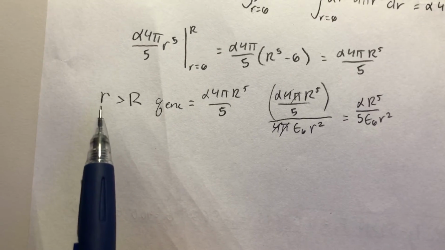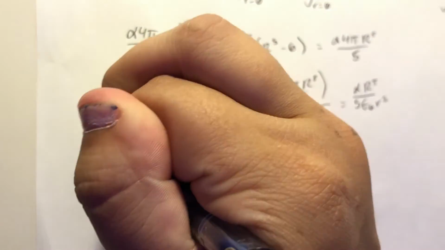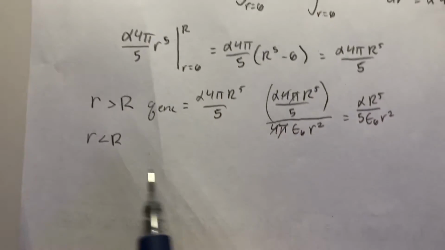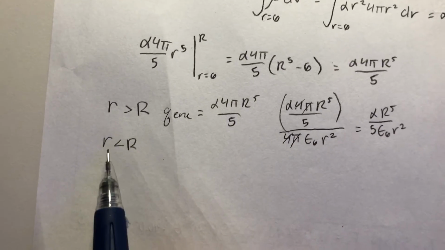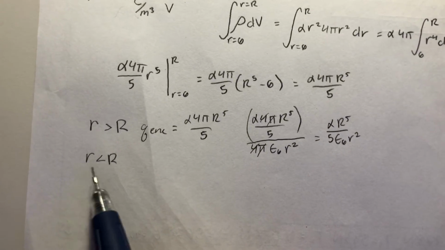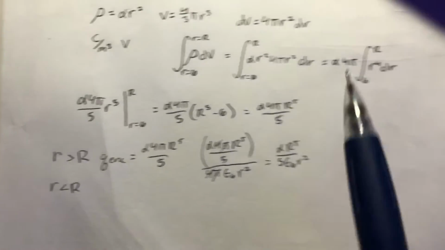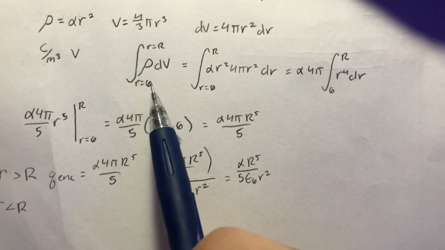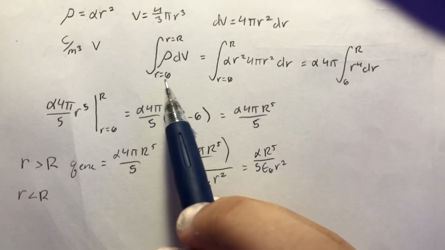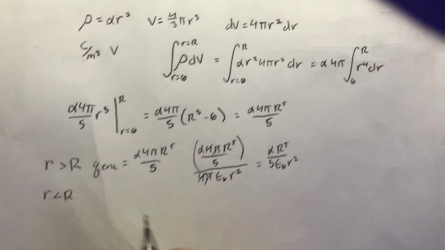When our little r is less than this big R, we can only include the part of the charge, the part of the sphere that's inside of this smaller radius. So instead of taking the integral from 0 to big R, we're just going to take the integral from 0 to this little r.